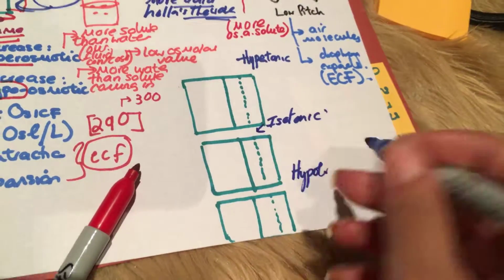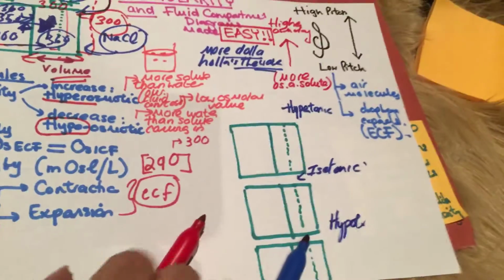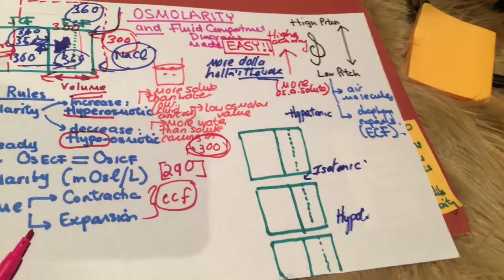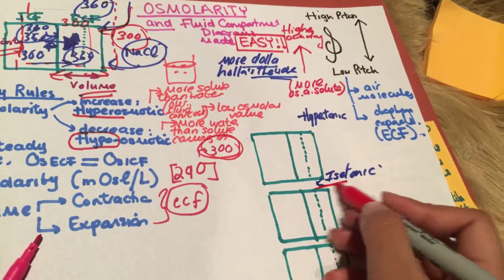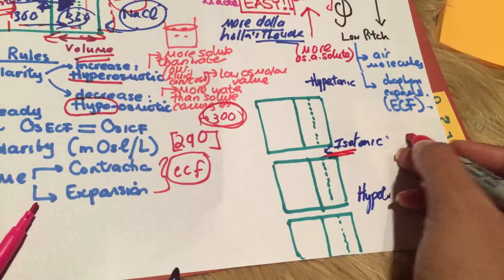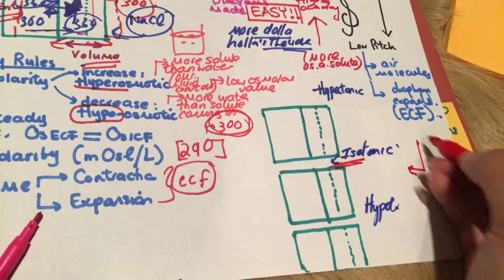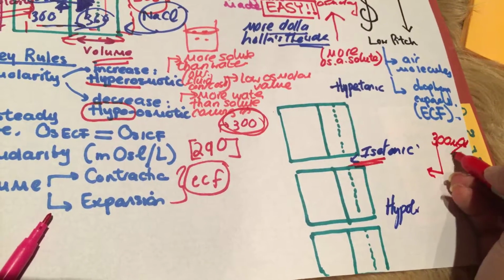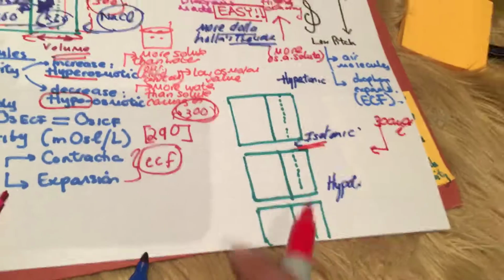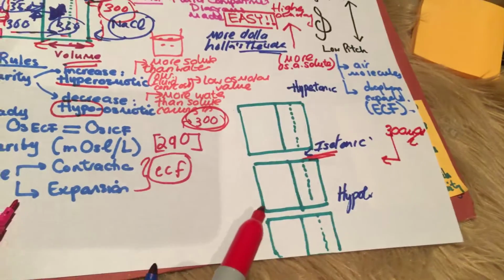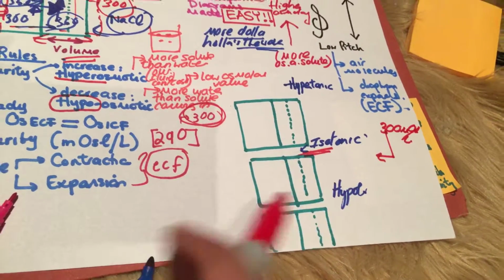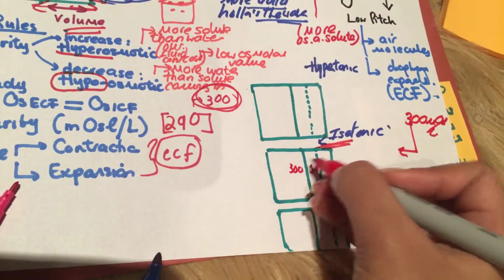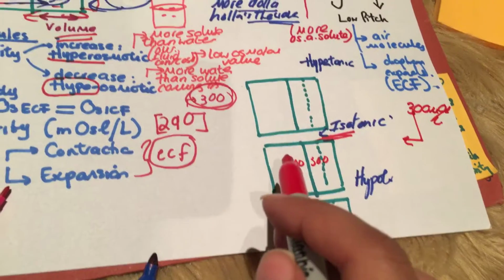So here's isotonic. Now, I've told you that our stable osmolarity is 300. Isotonic means the same. So let's say through intravenous administration we inject 300 milliosmoles per liter. That's the same as what we already have, okay? So this is already 300, this is already 300. Are you injecting more solutes?